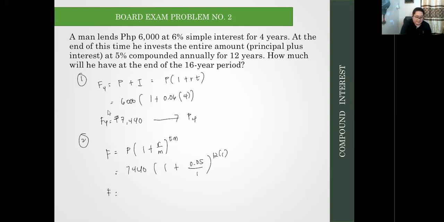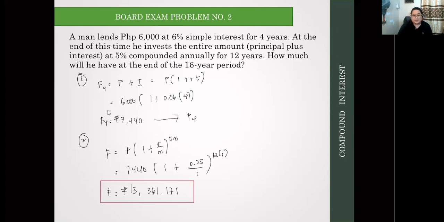So, pag kinalculate natin, 7,440 times 1 plus 0.05 raised to 12. So, that will be 13,361.171 pesos. Okay? So, this will be the total amount na kanyang magagamit after 16 years na nag-invest siya sa simple interest at sa compound interest.